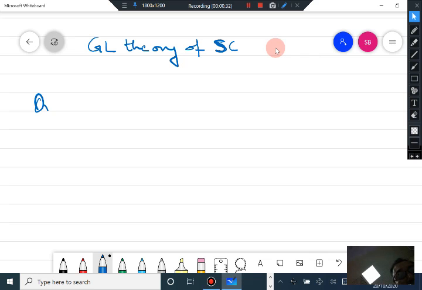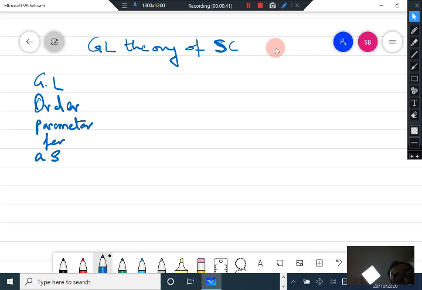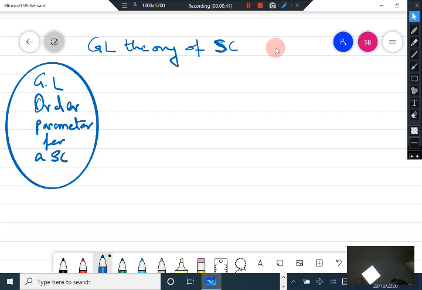So now what is the order parameter? The Ginzburg-Landau order parameter for a superconductor. Okay, this is the question that we would like to pose.